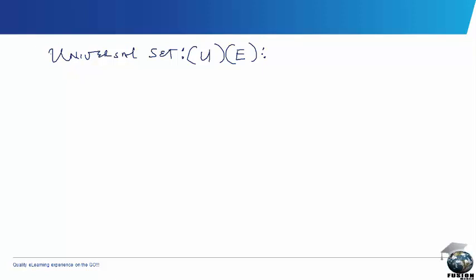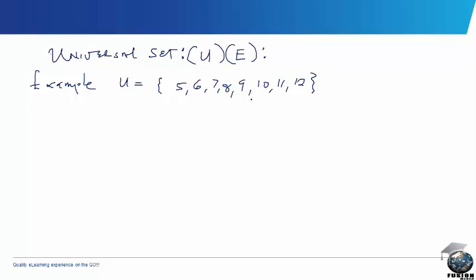For example, maybe you are given a universal set U equal to the set of numbers 5, 6, 7, 8, 9, 10, 11, and 12.